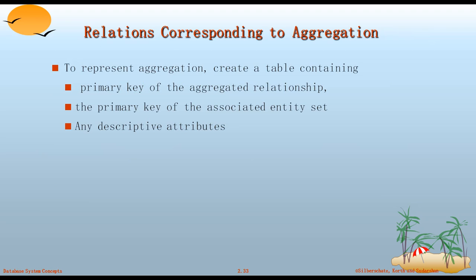Relations corresponding to aggregation: to represent aggregation, create a table containing the primary key of the aggregated relationship, the primary key of the associated entity set, and any descriptive attributes.